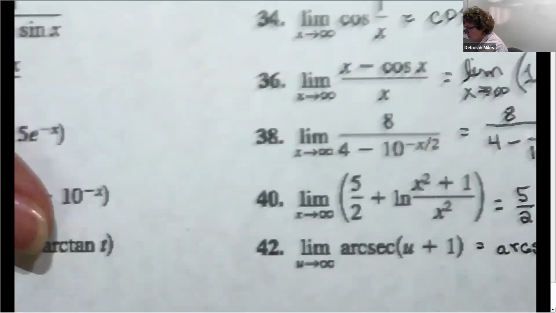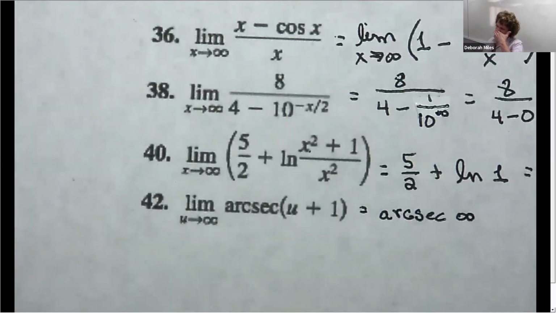How do I figure out what the heck that is? Talk to me about arcsecant. Angle whose secant is infinitely big.